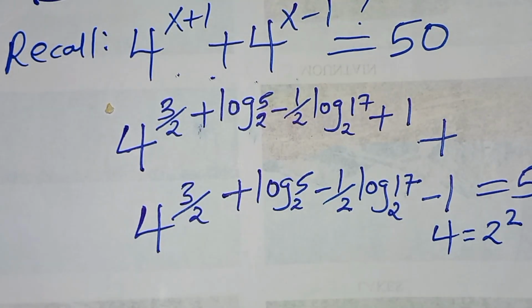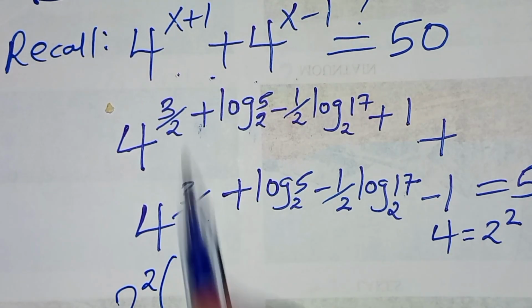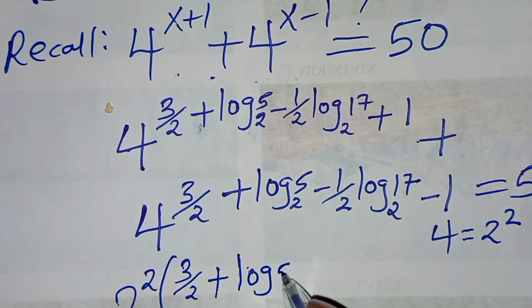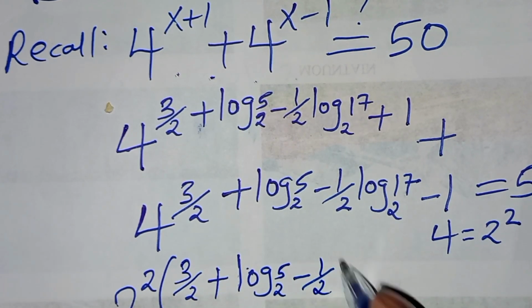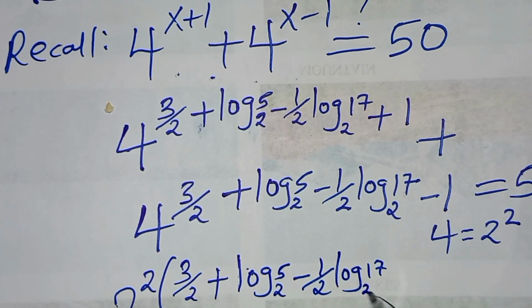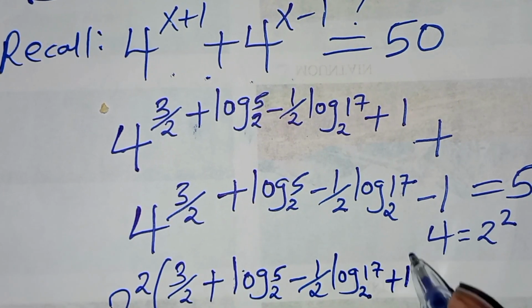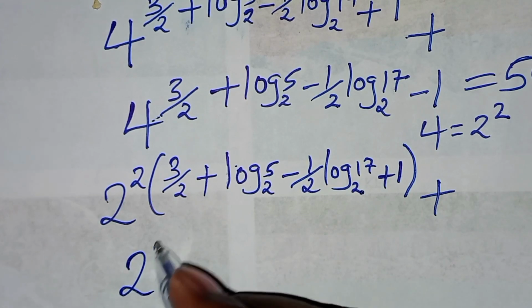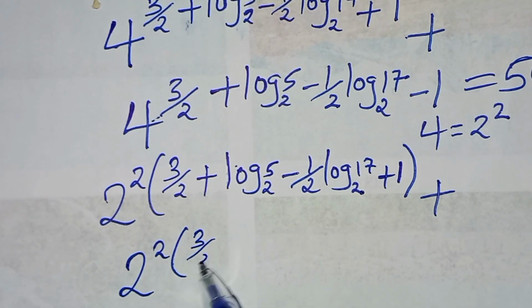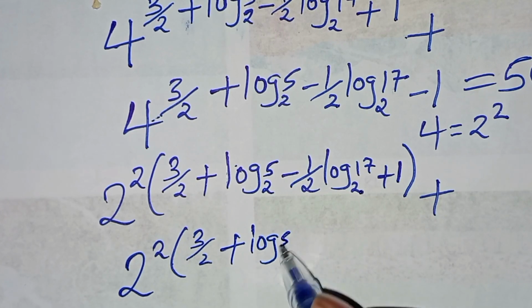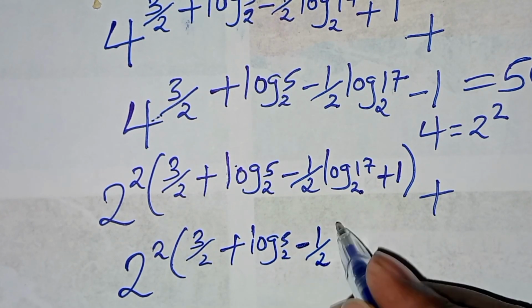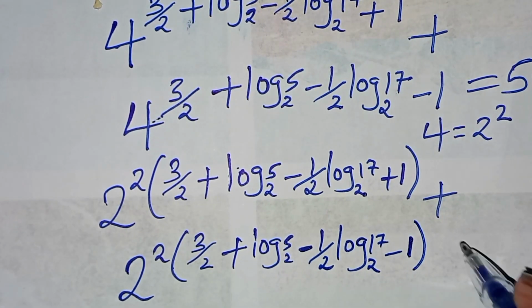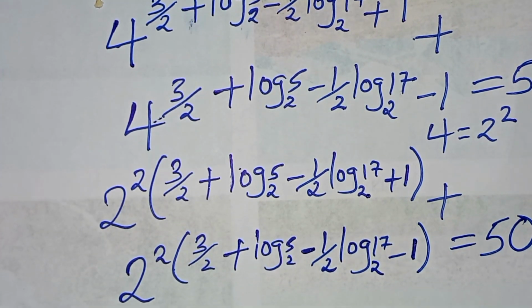So that here we'll have 2 to the power 2 into the bracket 3 over 2 plus log 5 to base 2, subtract half log 17 to base 2, plus 1, then plus 2 to the power 2 times 3 over 2 plus log 5 to base 2, subtract half log 17 to base 2, subtract 1. This should give us a value of 50.